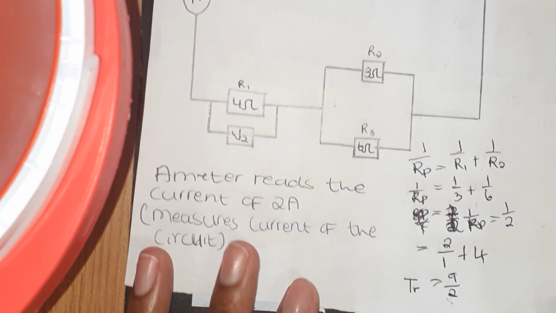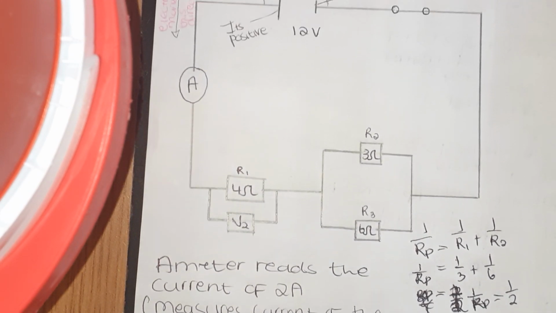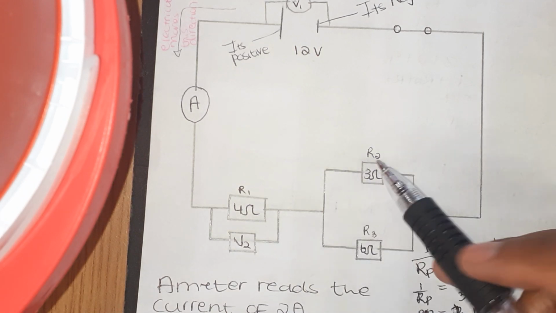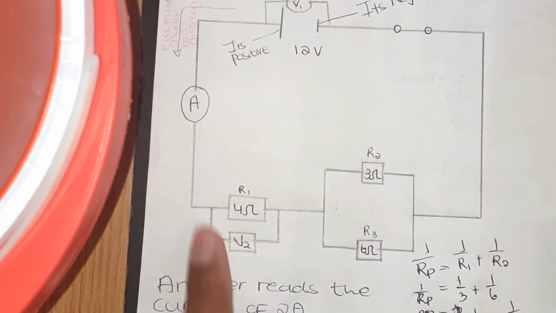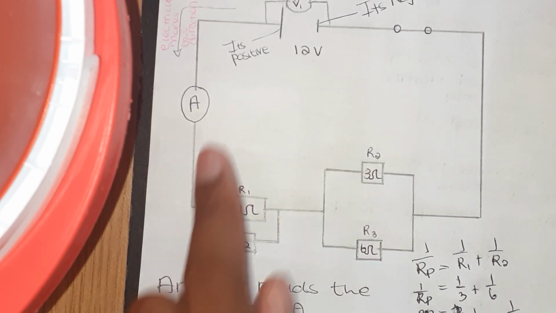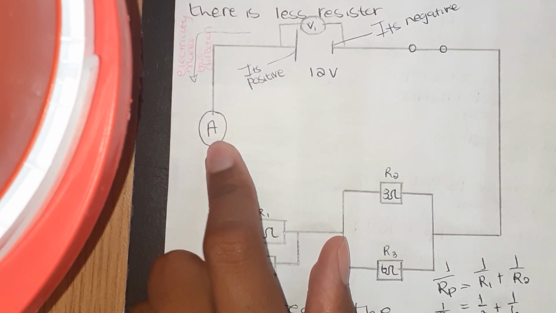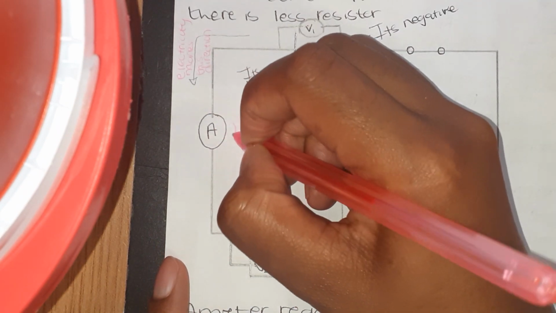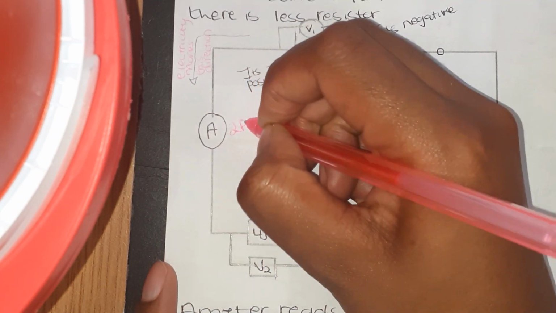Now what we were trying to calculate is that when we want this voltage in the main circuit, we use this one. That will be our total resistance, and then we'll use this current here. The current flowing here is 2 amps.